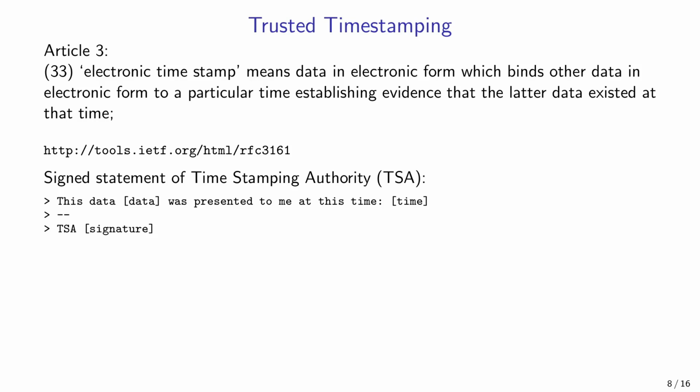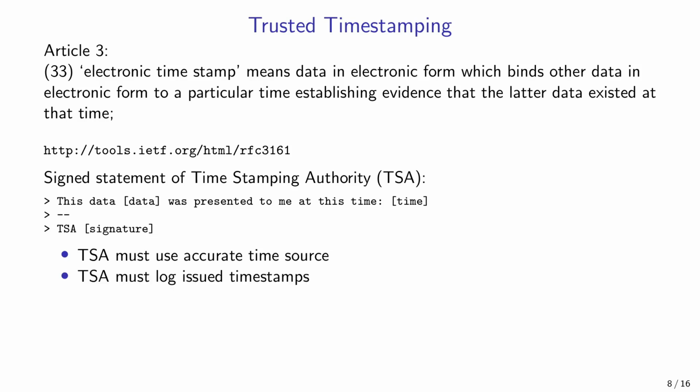There are a couple of requirements that a timestamping authority must follow. The timestamping authority must use an accurate time source. The clock has to be always kept synchronized. Another requirement is that the timestamping authority must log issued timestamps and hand them out if requested.